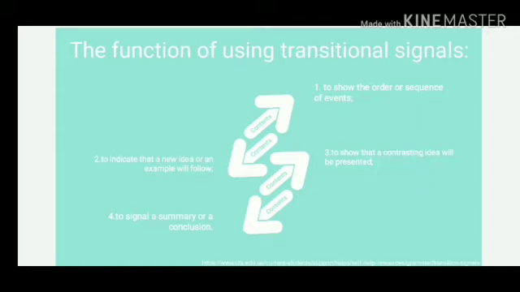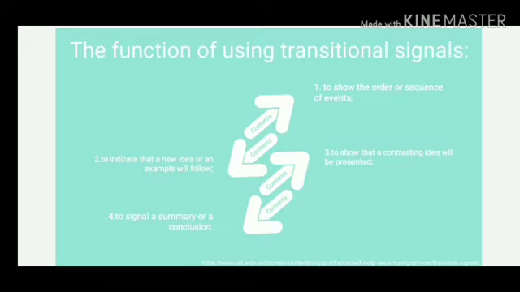There are some functions of using transitional signals. The first one is to show the order or sequence of events. For example, first, next, and after. And the second one is to indicate that a new idea or an example will follow.